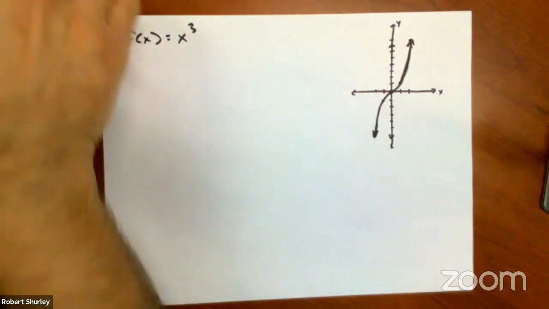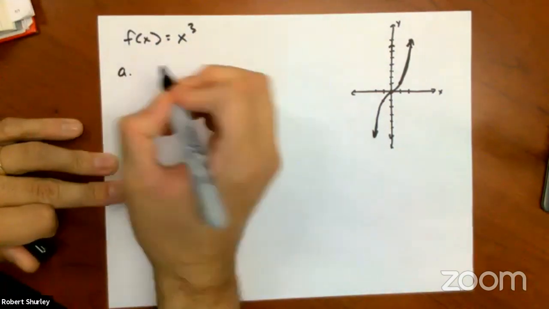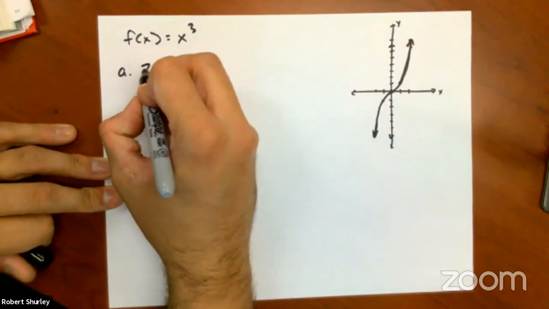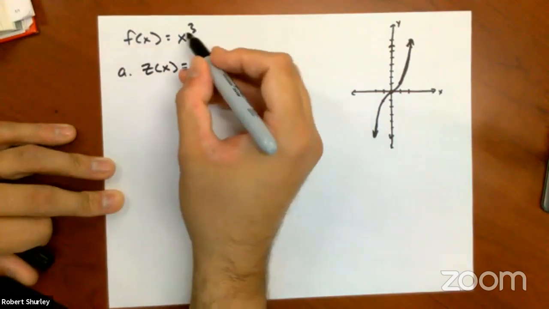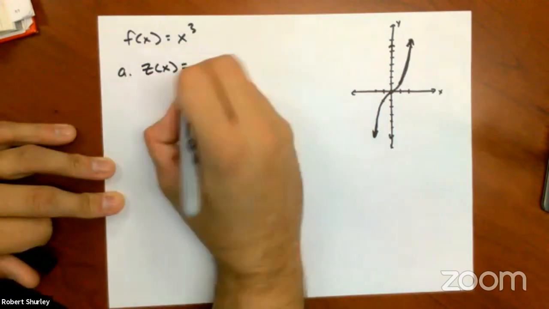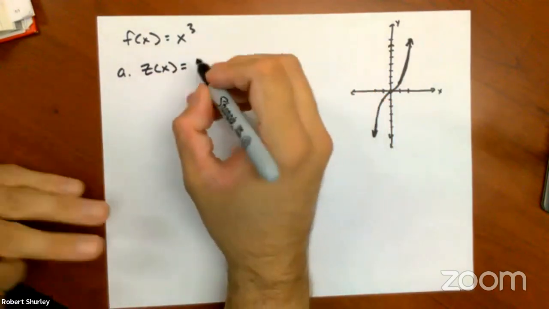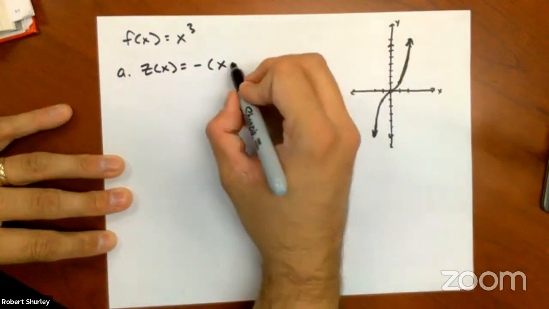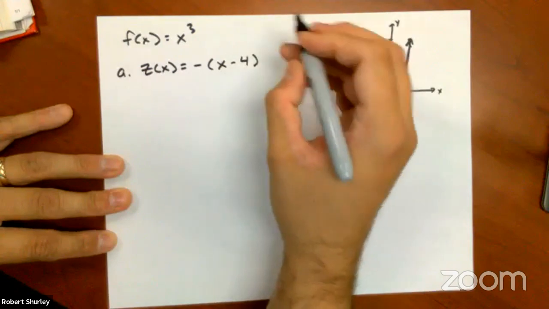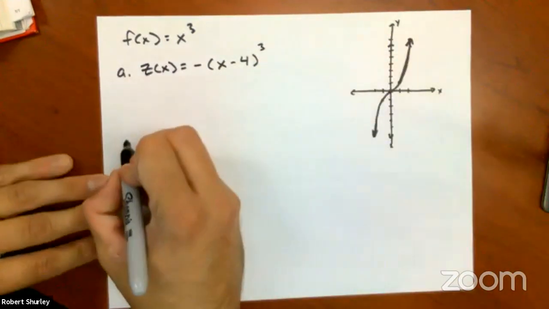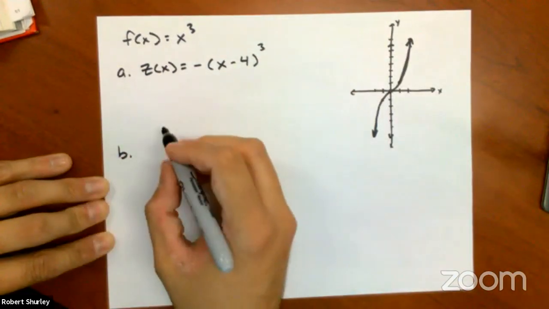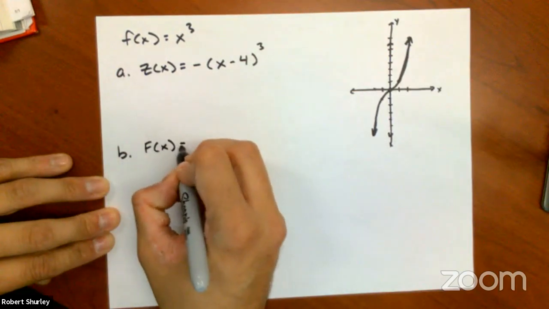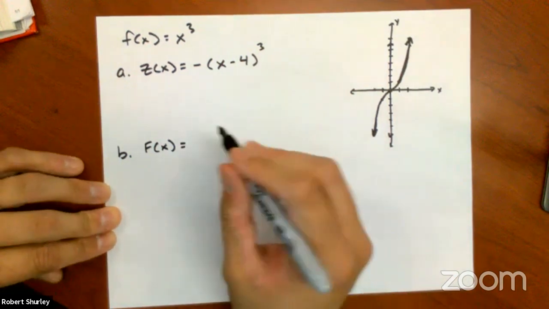So A is going to be f of x, and the parent function is x cubed. Let's do negative (x minus 4) cubed. And then B, we'll do F of x, with a capital F, why not? We'll change it up.